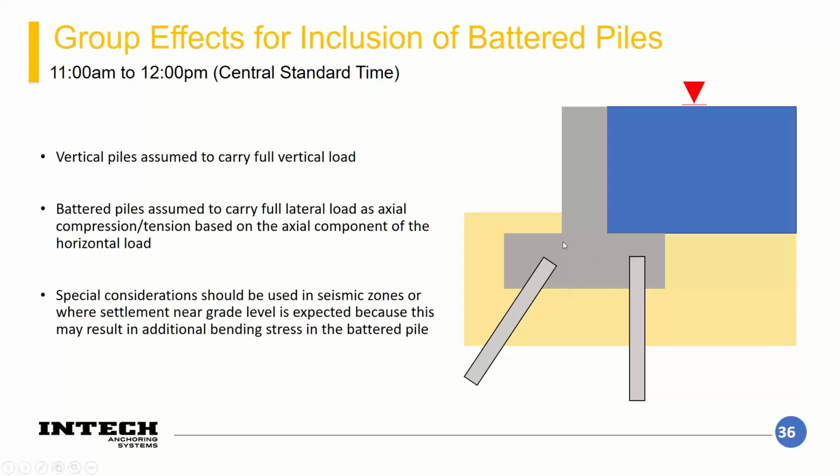So a lateral load is going to be handled much more efficiently by a pile that's in that same lateral plane than by a vertical pile. A typical design assumption would be that you design your vertical piles to carry all your vertical load and your battered piles to carry all of your lateral load.